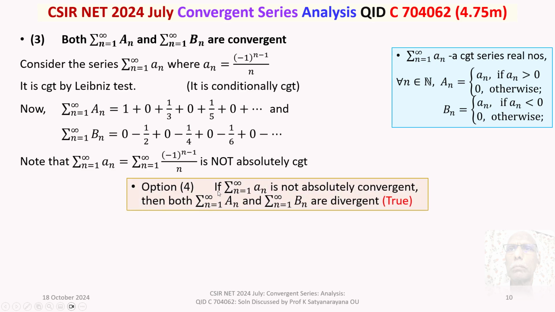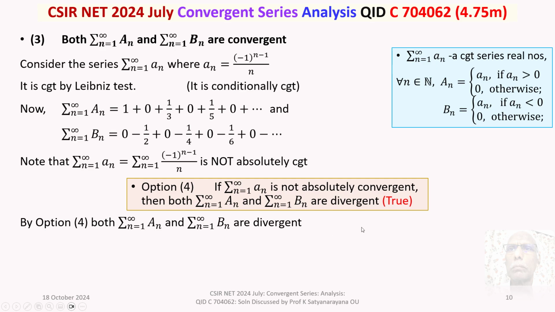That is, in option 4 we have seen if sigma an is not absolutely convergent, then both sigma capital An and sigma capital Bn are divergent. So, using this, by option 4, both sigma capital An and sigma capital Bn are divergent.